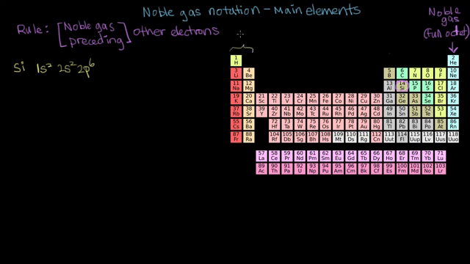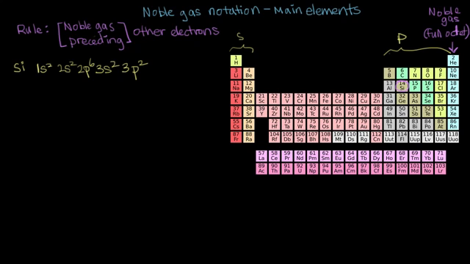As a reminder, these are our s electrons because they're in s orbitals, and these are our p electrons because they're in p orbitals. Once we're through our 2p6 electrons, we go to 3s2, and we have 2 more electrons, so it's 3p2. That's the electron configuration for silicon.